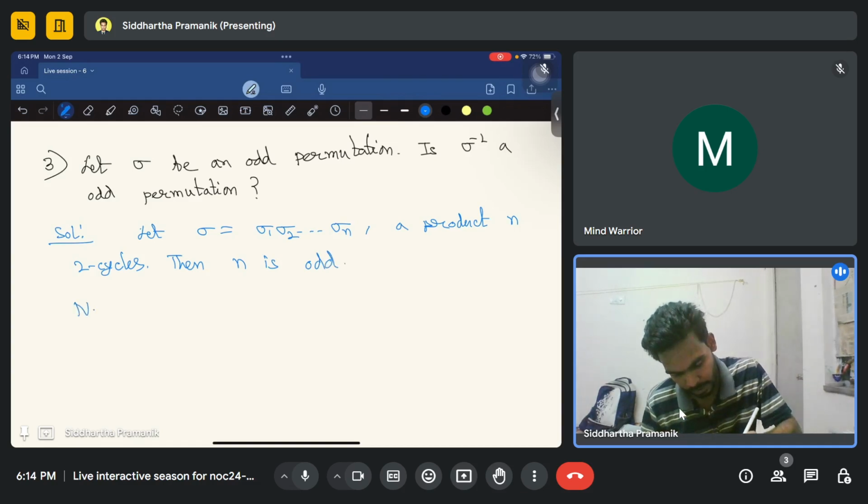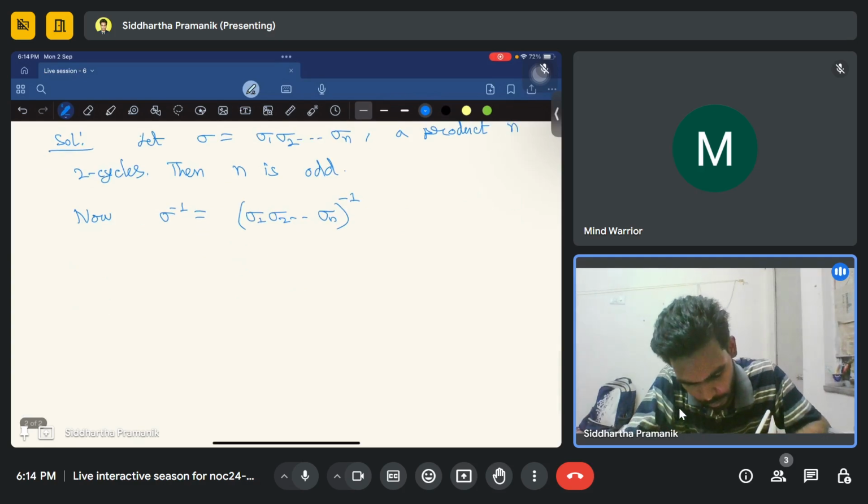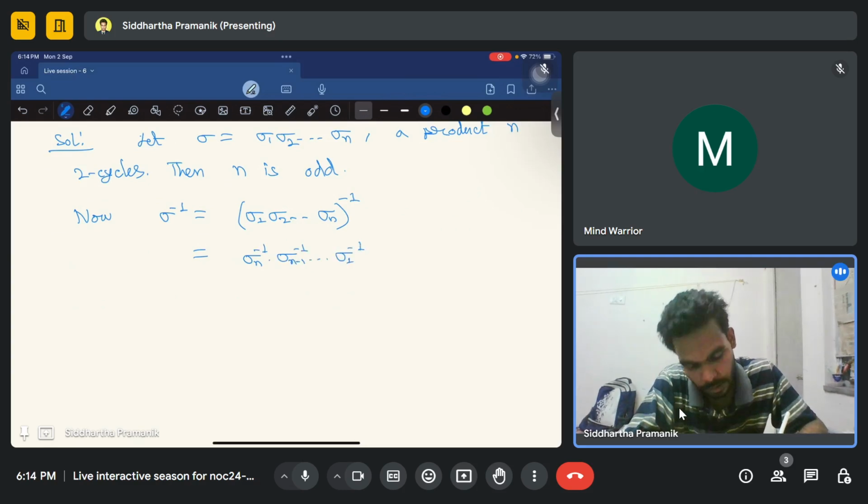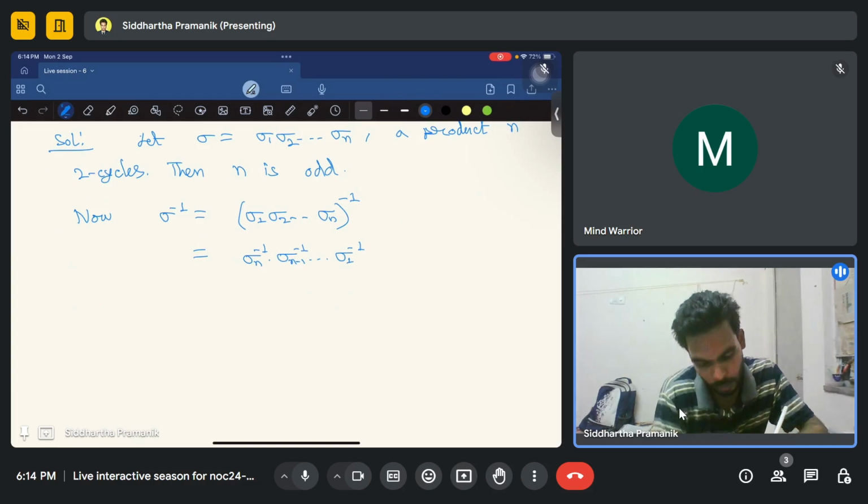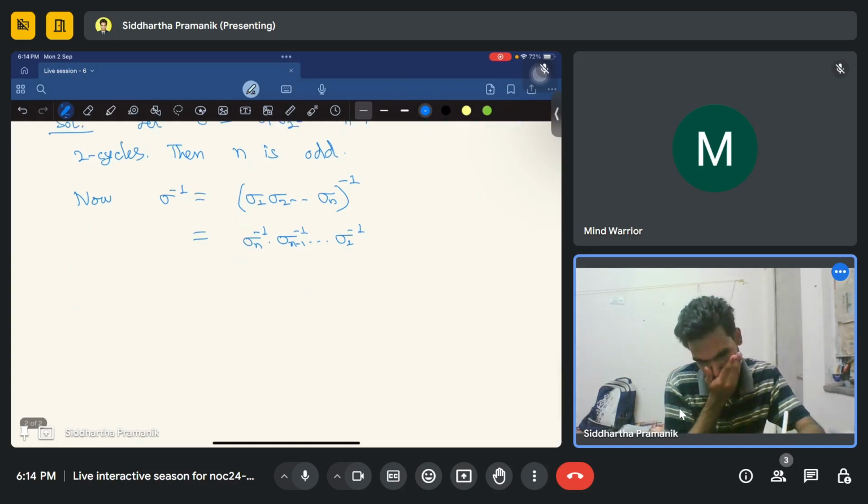So what is sigma inverse? It is basically the inverse of this product, and the inverse of this product is sigma n inverse times sigma n minus 1 inverse up to sigma 1 inverse, because the order gets reversed when we take the inverse.